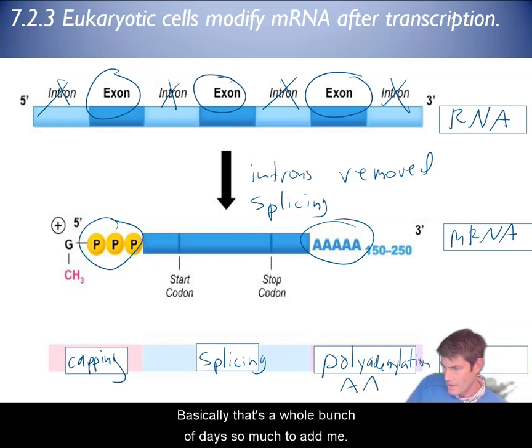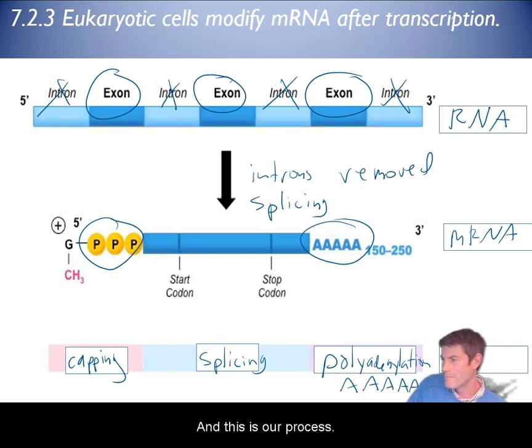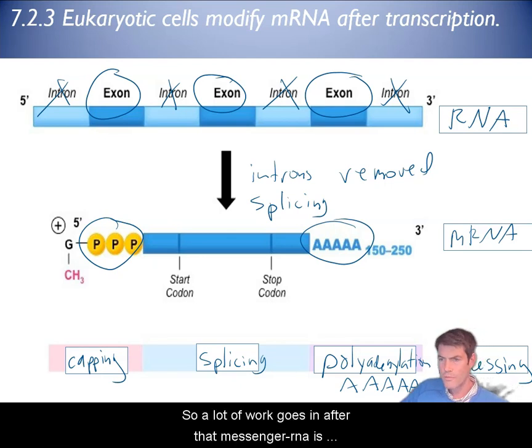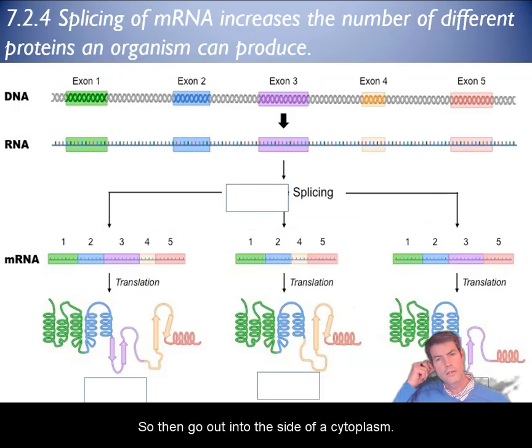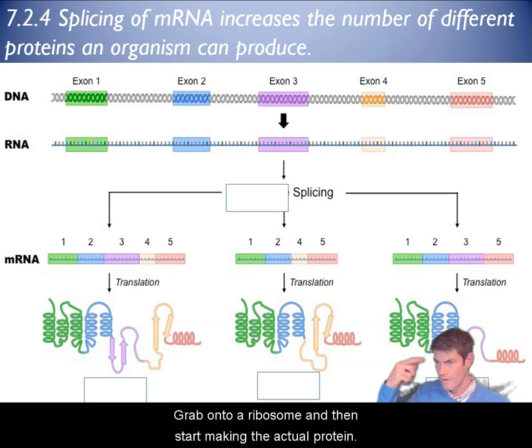Basically just a whole bunch of A's, just a whole bunch of adenines. And this is our processing. So a lot of work goes in after that messenger RNA is produced to get it ready to then go out into the cytoplasm, grab on to a ribosome, and then start making the actual proteins.